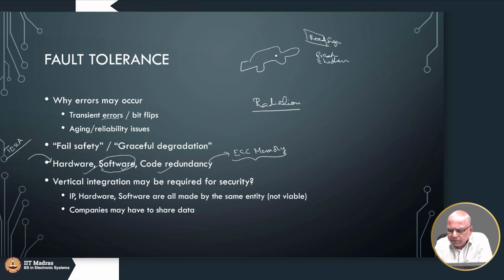There is software coming up with this decision as to what this road sign is. So you can have two different algorithms for determining. There are multiple image processing algorithms available. So run two of them, and if they both agree, use that one.